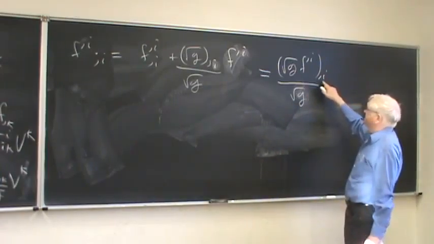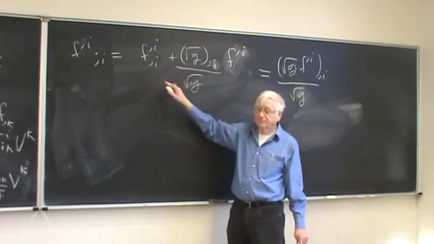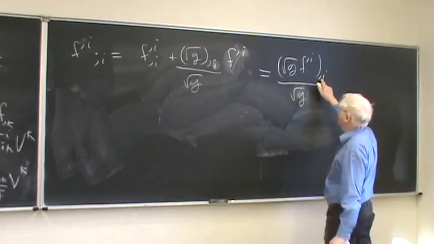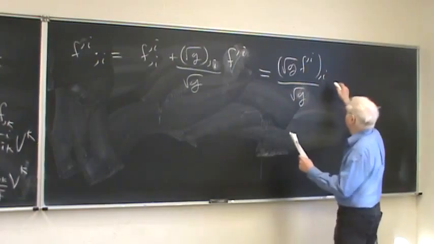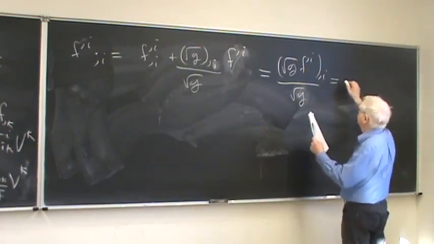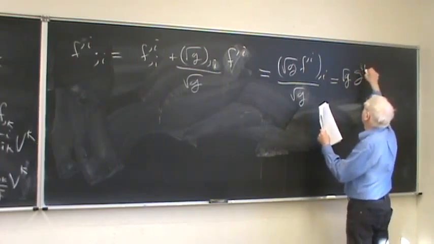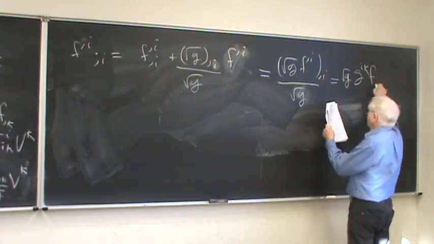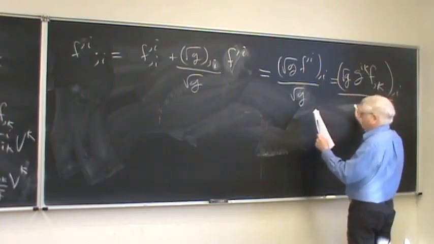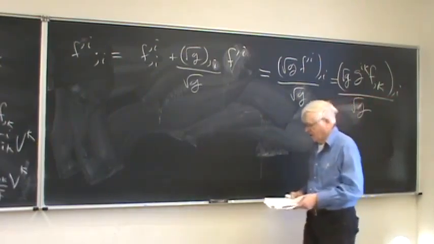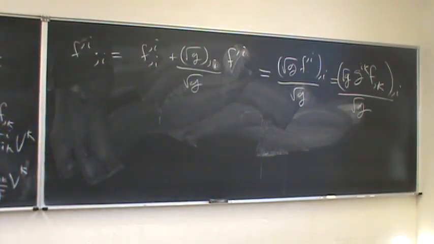So when this comma i hits the f, the square root of g's cancel, we get this term. When the i hits the g, we get that term and we have this. And another way of thinking about this is that this is square root of g upper i k, f comma k, and then all that comma i over square root of g. So that's another way of thinking about it. All right, so these are all different equivalent ways of describing things.